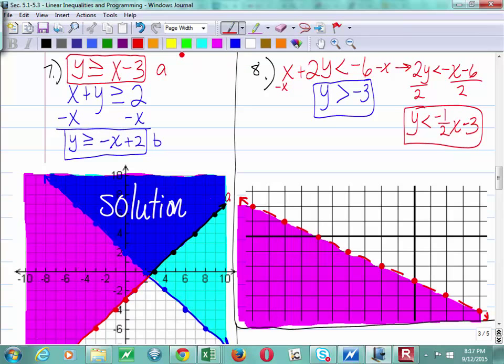Now the other one is a horizontal line at negative 3. So it's strictly greater than, so it's going to be dashed also. And it's greater than, so I'm going to shade above.